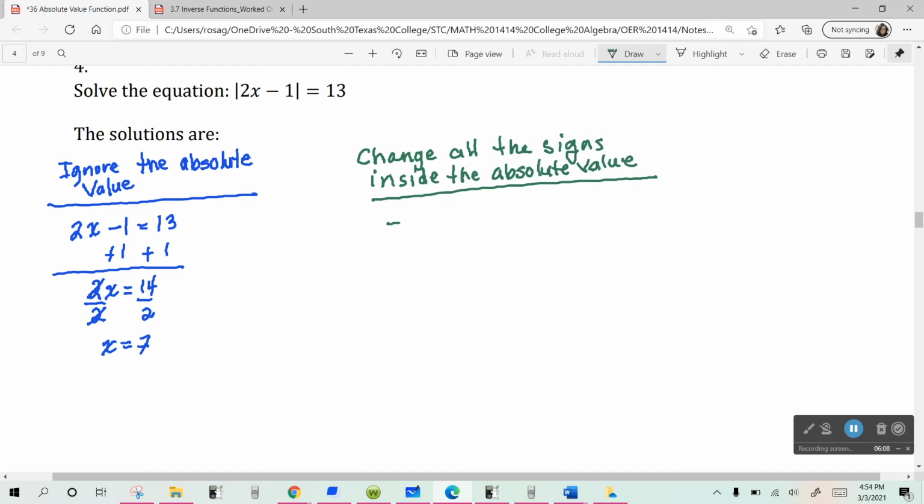So the 2x becomes minus 2x. The minus 1 becomes plus 1. And if you're not inside the absolute value, you stay the same. And then I solve it again. And there we go.